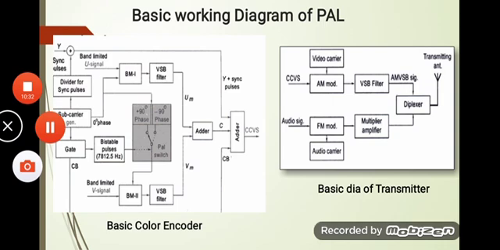The entire CCVS signal will be given to the amplitude modulator, and then modulation will take place, and then after amplification, filtering, and addition with the audio signal, the signal will be transmitted through air with the help of an antenna. That is the basic block diagram of the PAL color encoder, or how the PAL color encoder works.